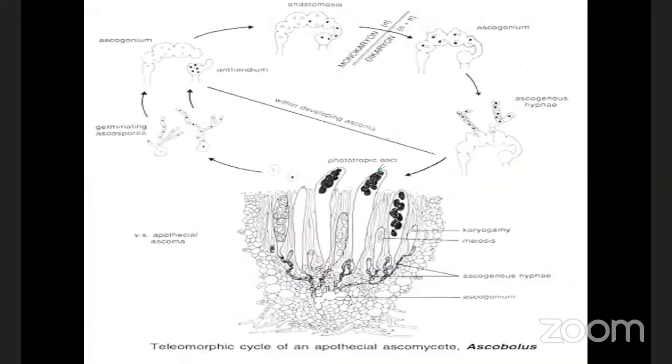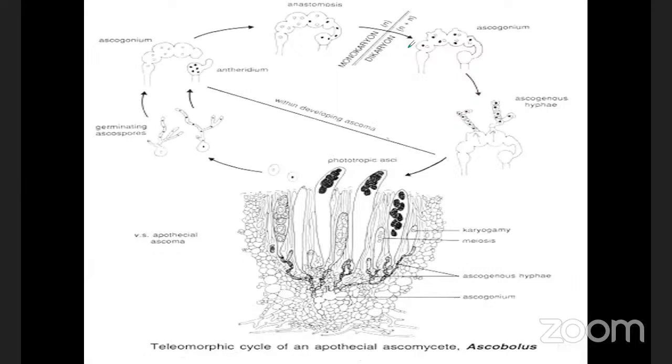Here you can see in Ascobolus the sexual cycle. See, ascogonium and antheridium. Opposite strain ascogonium and antheridium only are taking fusion and dikaryotization is taking place.